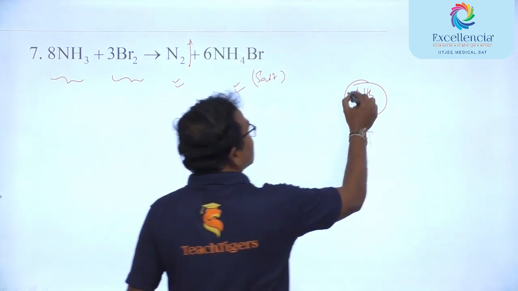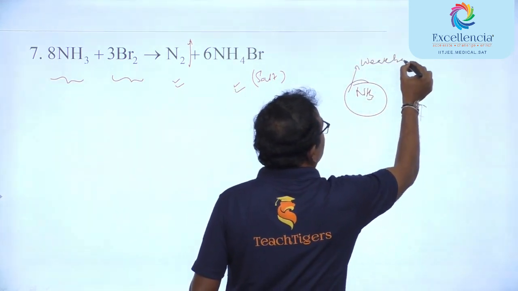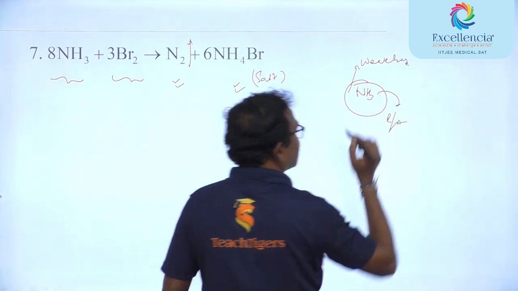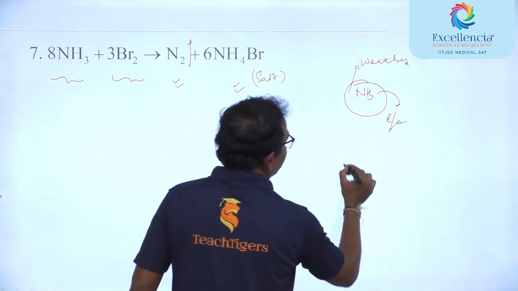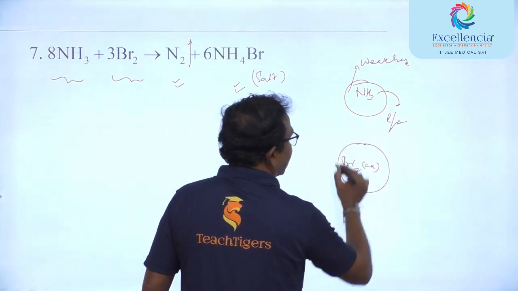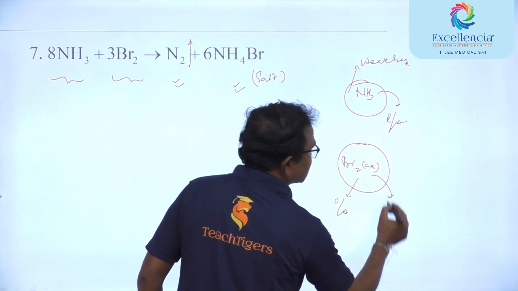Ammonia is a weak base as well as a reducing agent. This is the information we got to know. However, bromine aqueous is definitely an oxidizing agent and its aqueous solution is acidic.